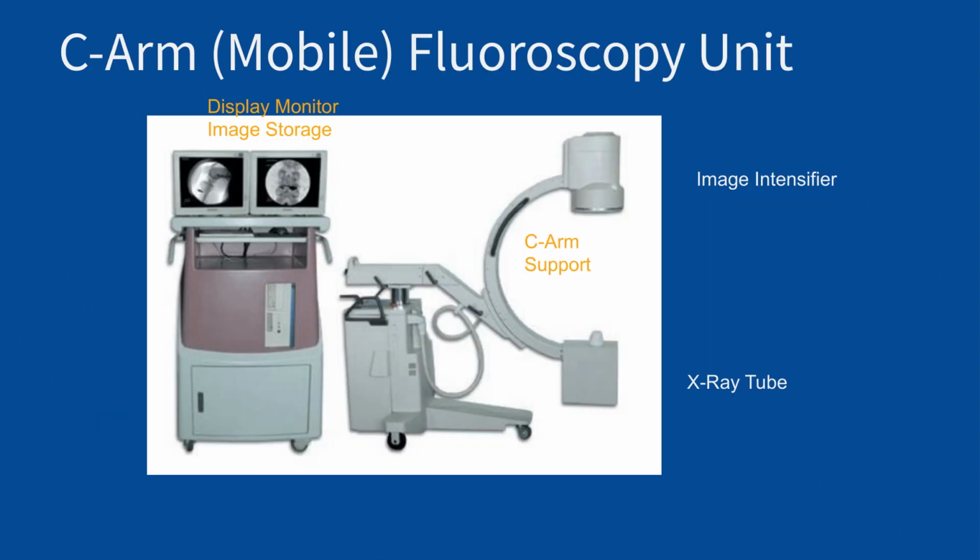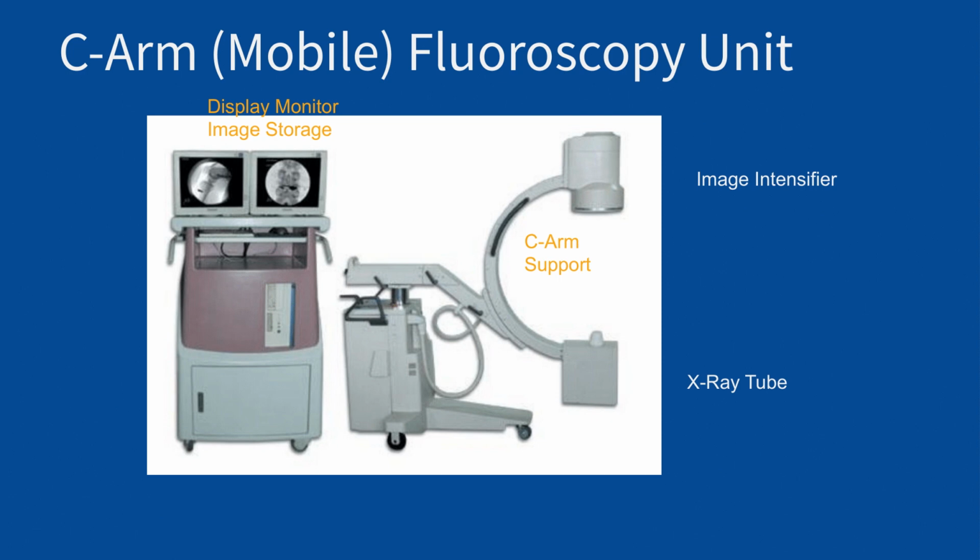Taking a look here at a C-arm fluoroscopy unit or a mobile fluoroscopy unit. In radiology in the department, we actually have fixed units, which are typically used for GI indications, allowing us to deliver more and more precise radiation. But this is your typical unit that you would find in an operating room.